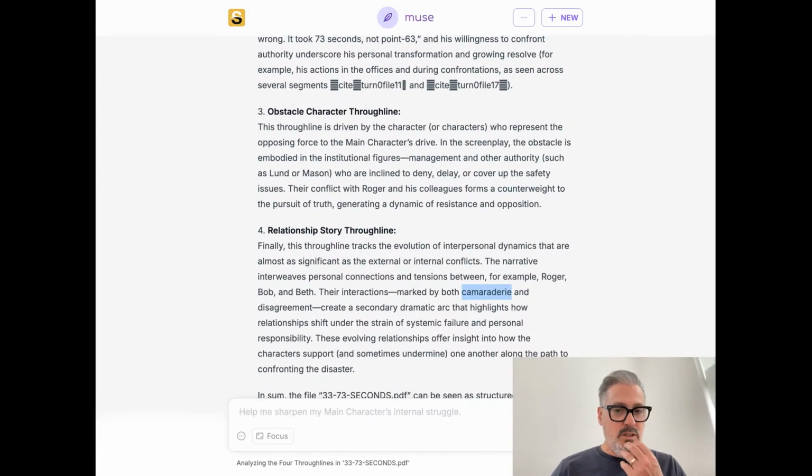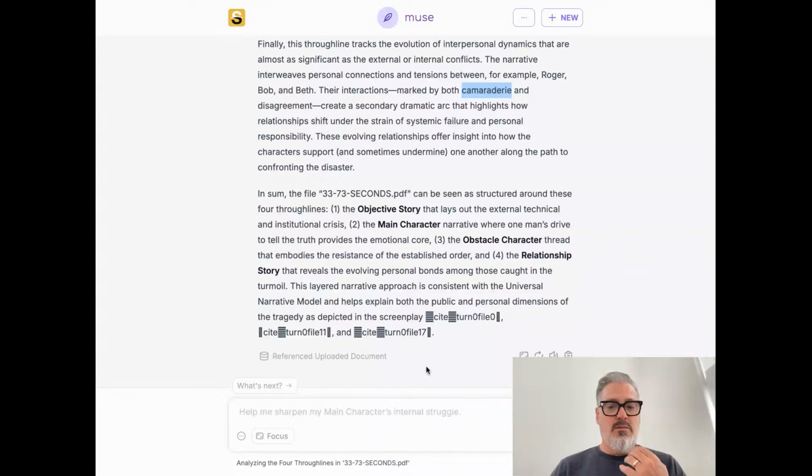What I would do is I would look to see, let's do the obstacle character first. And I would say, are you sure Mason and Lun are obstacle characters?